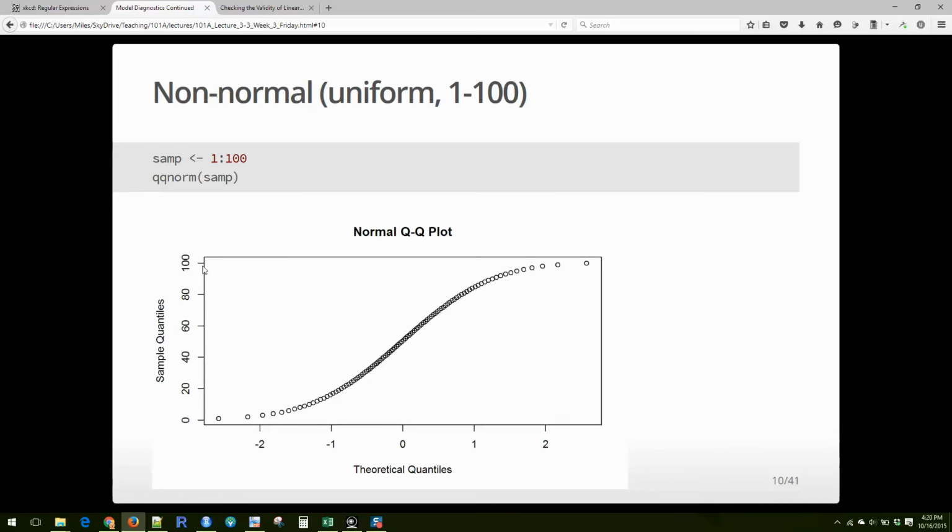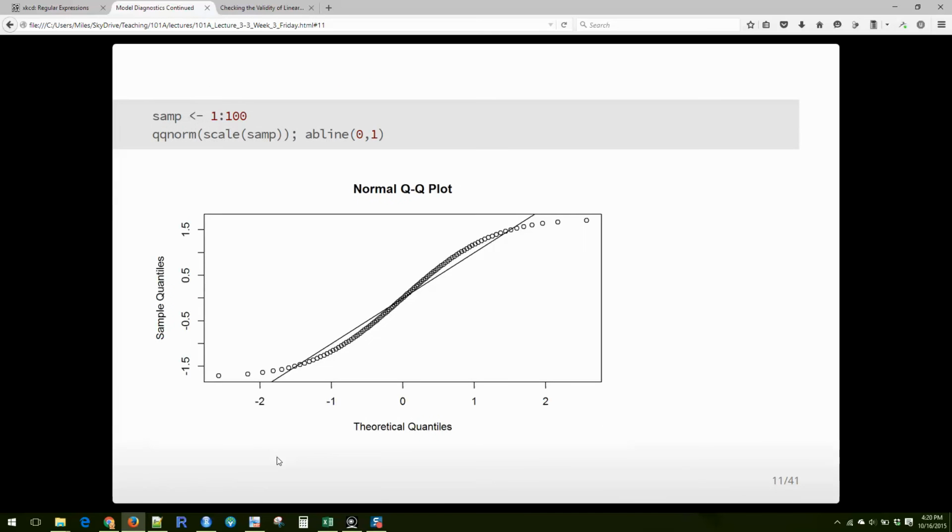And so we see, if we plot them against 1 through 100, it doesn't look like a straight line, okay? And if I add the straight line, it should look like this, which says this data point out here should actually have a value, and here I scaled them to have a mean of 0 and standard deviation of 1, it says this data point should actually be down here, around 2.5 standard deviations away from the mean.